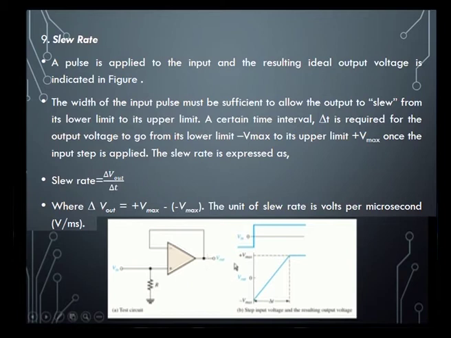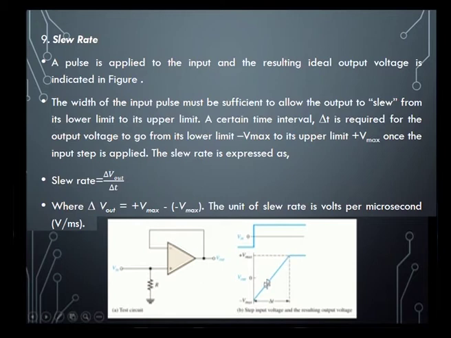A pulse is applied to the input and the resulting ideal output voltage is indicated in the figure. We can get the output with the help of the input, and this change will be identified here. A small change in time, delta t, makes a large change in the slew rate. The width of the input pulse must be sufficient to allow the output to slew from its lower limit to its upper limit.